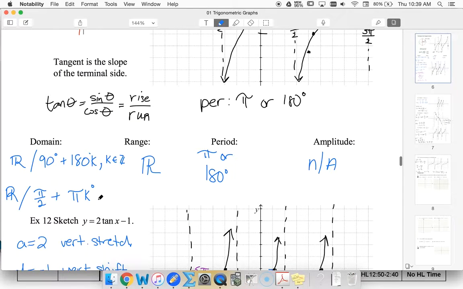So to get an odd number, I would say that I would have an even number plus 1 makes an odd number. So multiples of pi divided by 2. And again, for either of those, k is an integer. So this gives me my domain that I'm excluding all my asymptotes.